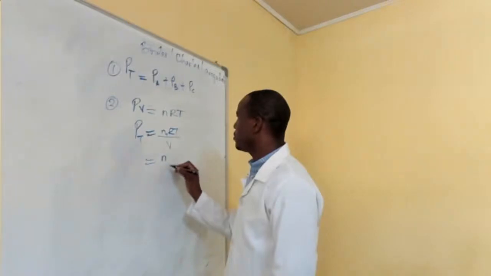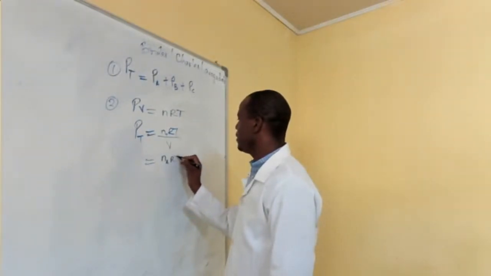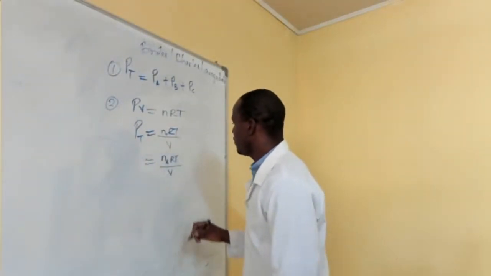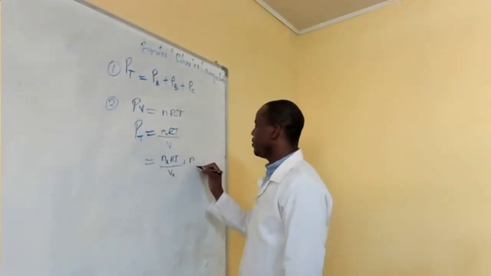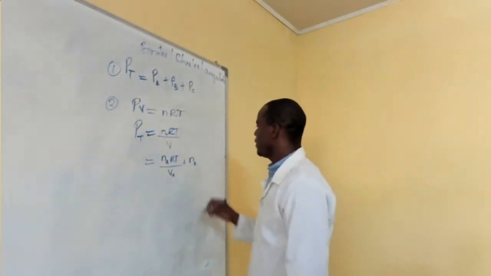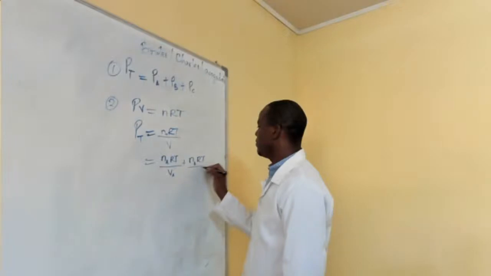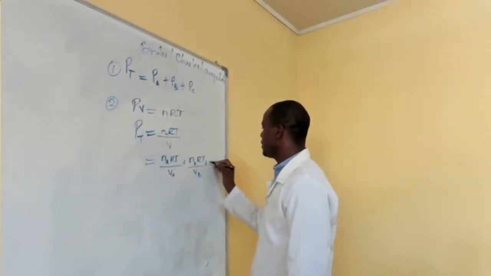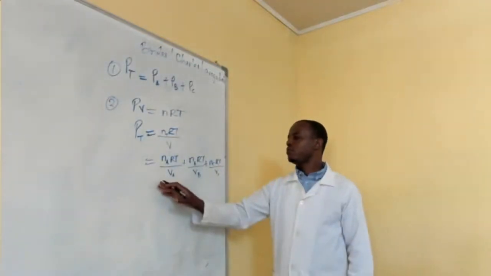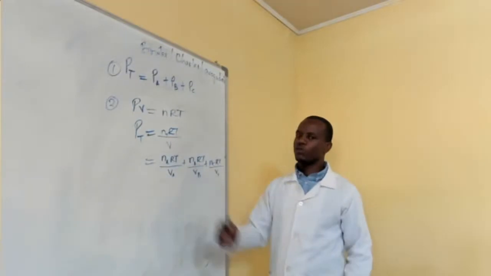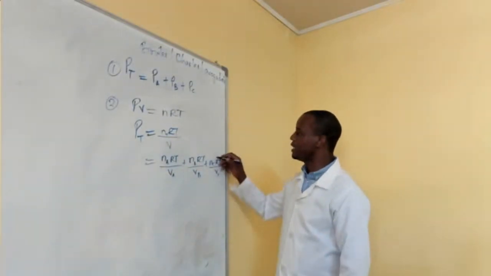So that would be equal to the number of moles of A, RT over the volume of A, plus the number of moles of B, RT divided by the volume of B, plus the number of moles of C, RT divided by the volume of C. So you can use this also to calculate the partial pressures.